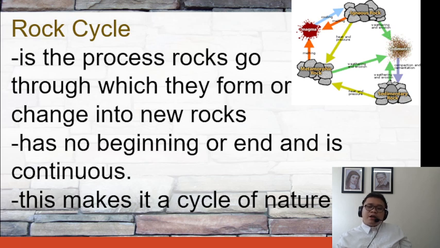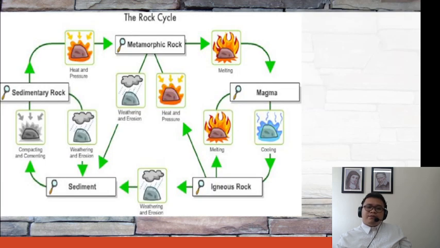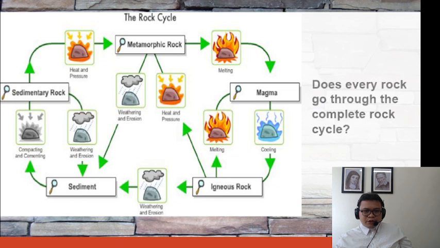We can simply describe their interaction through this map we call the rock cycle, which is the process rocks go through as they form or change into new rocks. It has no beginning or end and is always continuous because, of course, this is a cycle, and this makes it a cycle of nature. Now, I can show you this rock cycle in this way here.